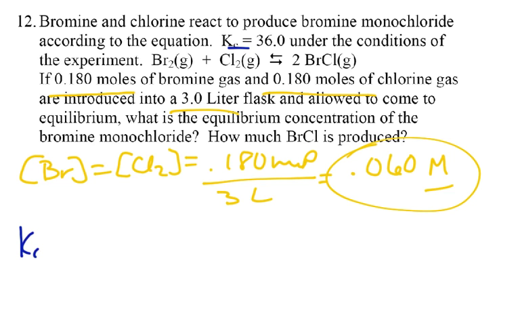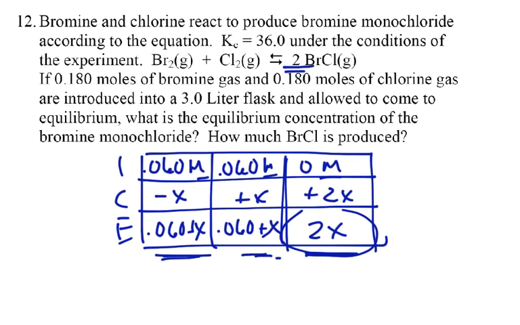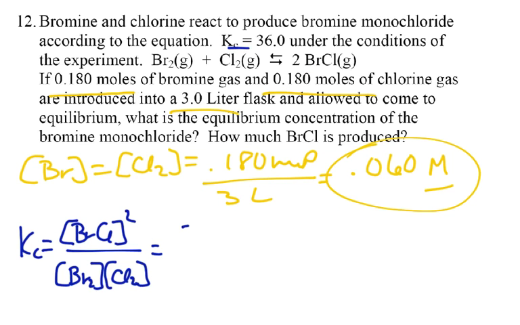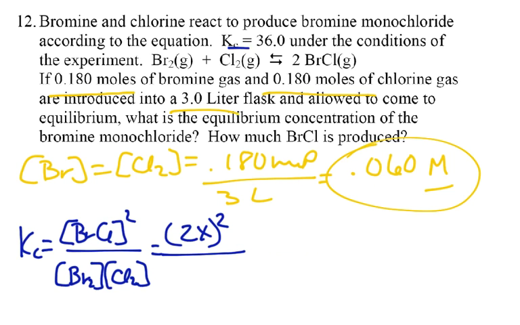So the Kc is equal to the concentration of BrCl squared over Br2 times Cl2, and that equals 2x squared over 0.060 plus x.